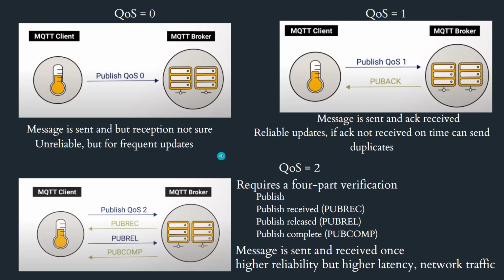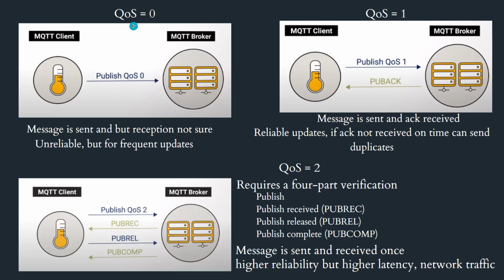Based on the requirement, and the application that we are focusing on, we can decide the QoS level under which the MQTT protocol should work. Our communication will be very reliable or very costly based on the QoS level that we choose.